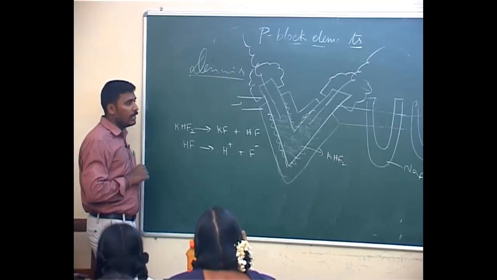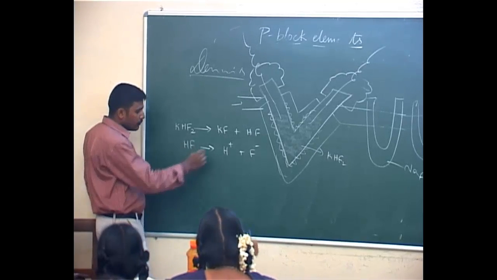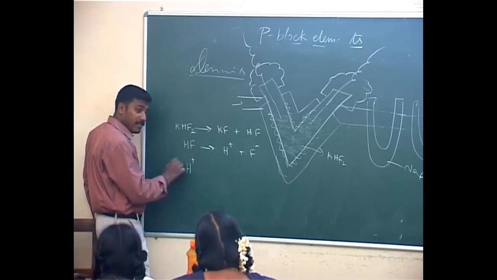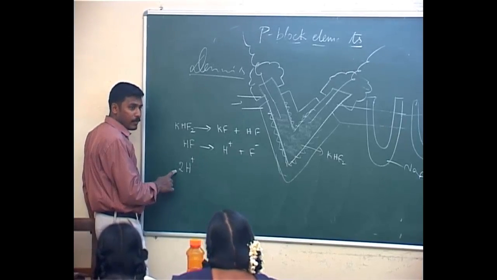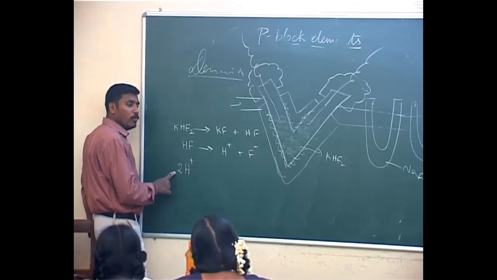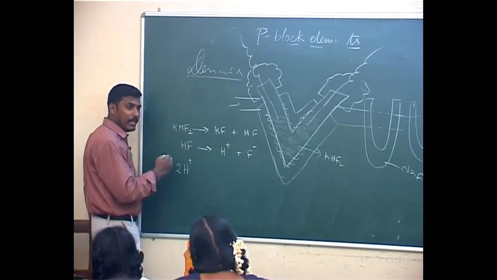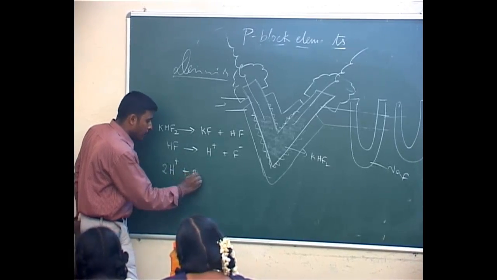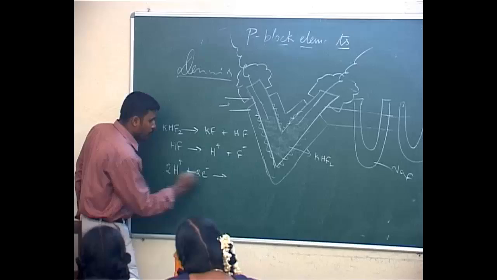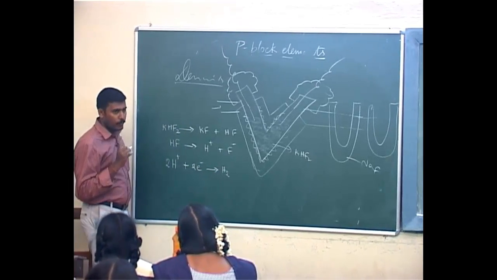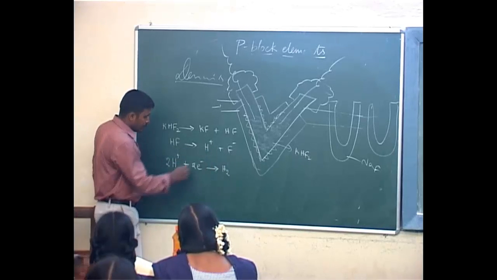Now 2 molecules of H plus, 2 plus is there. How to remove 2 plus? You have to add 2 electrons. Addition of 2 electrons, so it will become H2.